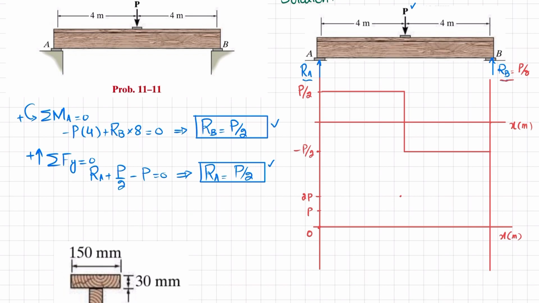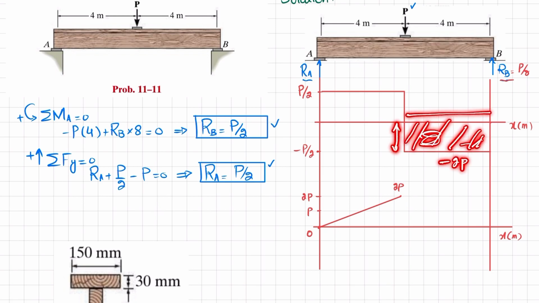Also, this shear force is a straight line with 0 degree, so the bending moment will be a straight line with 1 degree, and the slope will be increasing because the area under the shear force is positive. So you can join them using a straight line, and this will be equal to 2P. Now the second area is this one, and this area is minus 2P. How? Because P by 2 into this distance of 4. This is P by 2.